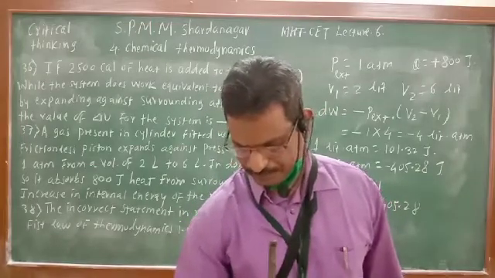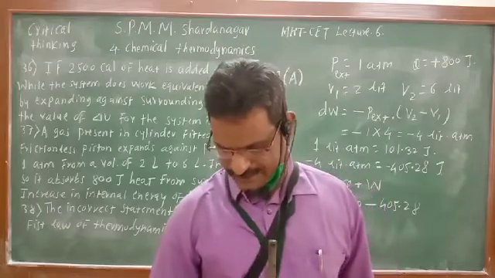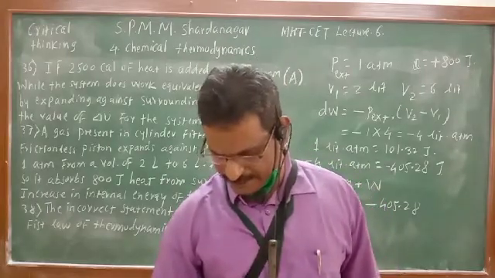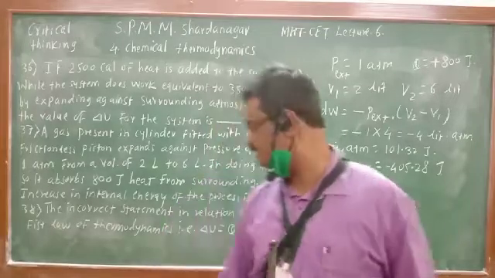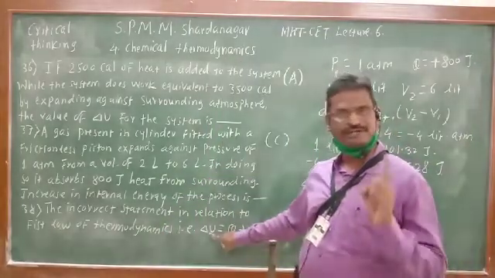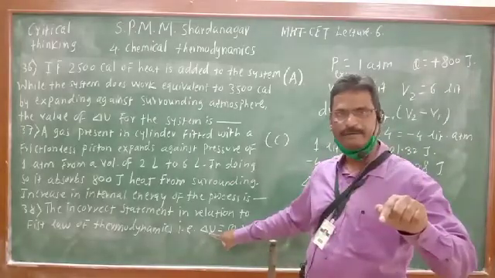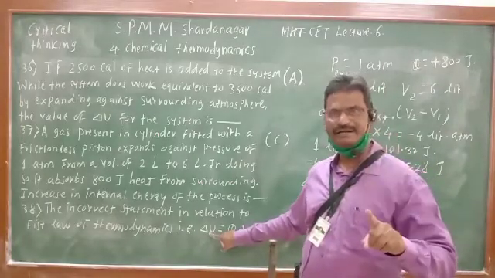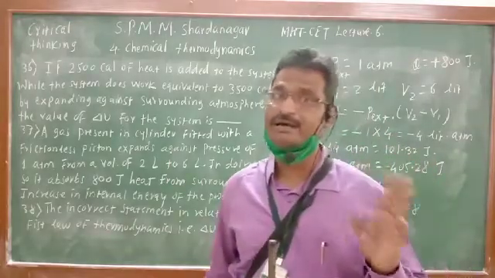Second, delta U is positive if internal energy of the system increases and delta U is negative if internal energy of the system decreases. That is also correct. So B statement is also correct. We have to identify the incorrect.